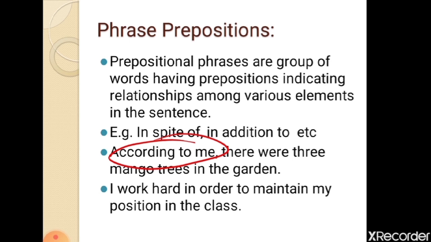I work hard in order to maintain my position in the class. Now here, in order to. So these are phrase prepositions because they are a group of words and act like a preposition, linking words, and that is why according to me and in order to are phrase prepositions.